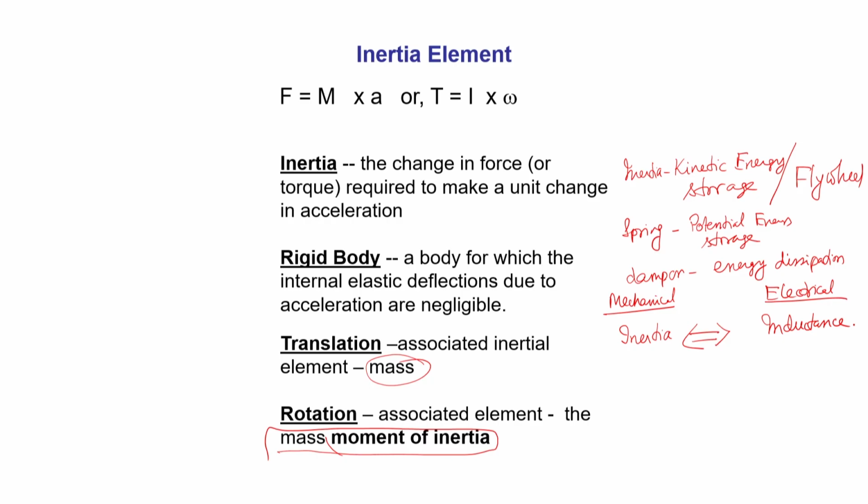A spring, which stores potential energy, is equivalent to capacitance. And the dashpot, the third element of a dynamic structure, is equivalent to resistance, because a resistor also dissipates energy, whereas capacitors and inductors store energy.